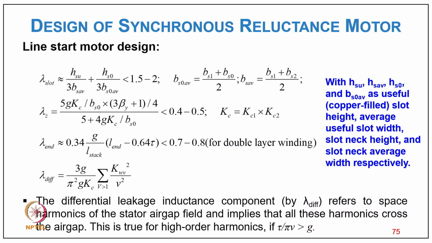The lambda end equal to 0.34 q upon L stack in bracket L end minus 0.64 tau, this will be less than 0.7 to 0.8 for double layer winding, and lambda diff equal to 3 g upon pi square g Kc, and v equal to 1 greater than 1, that is Kw by v square upon v square.